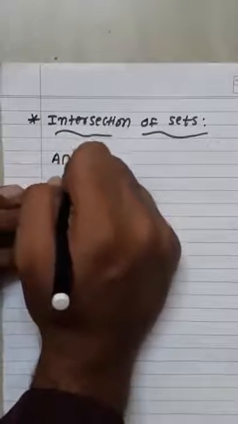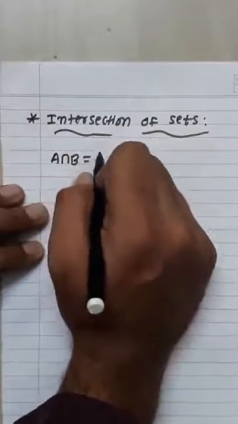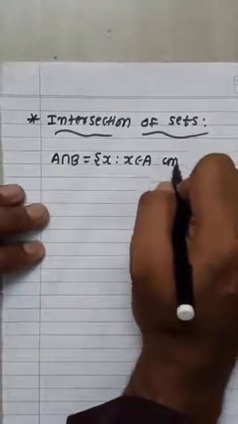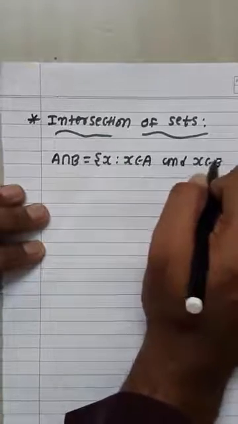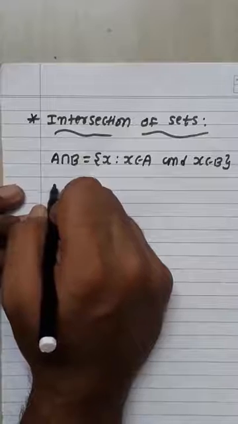So intersection is denoted by A intersection B, and here we can write set of X such that X belongs to A and X belongs to B. Now take one example.